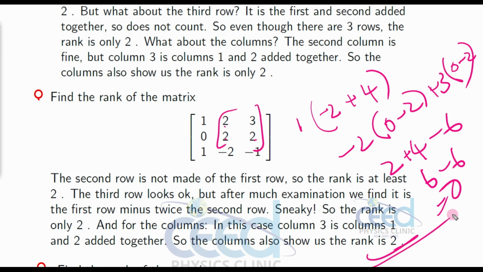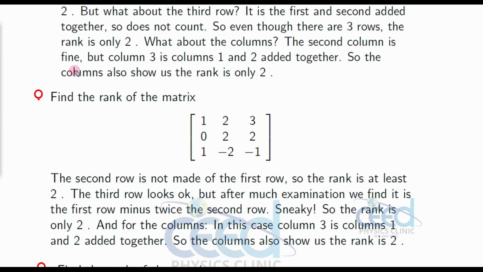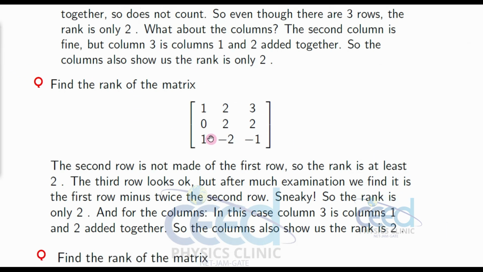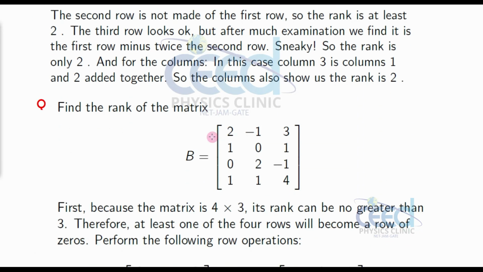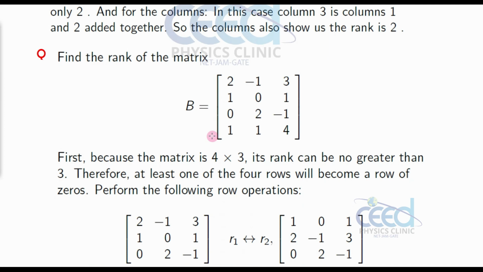So checking the rank is very easy. But if you give a 4 by 4 matrix, or a 3 by 4 matrix, find the rank of this. Suppose you have a 4 by 3 matrix here. The rank will always be at most the minimum of the number of rows and the number of columns. Which one is smallest?